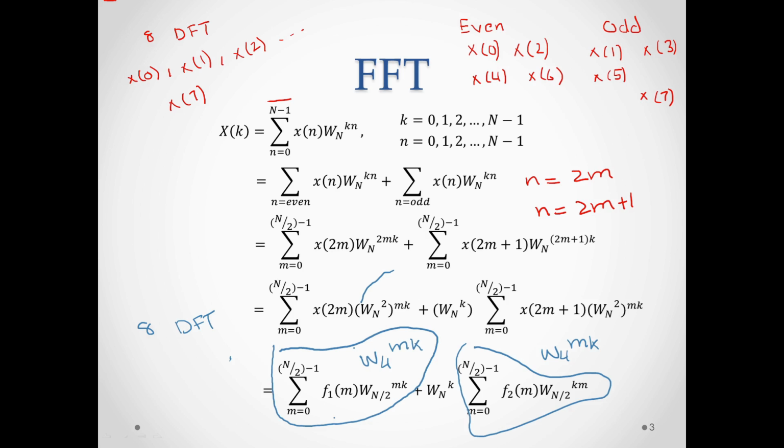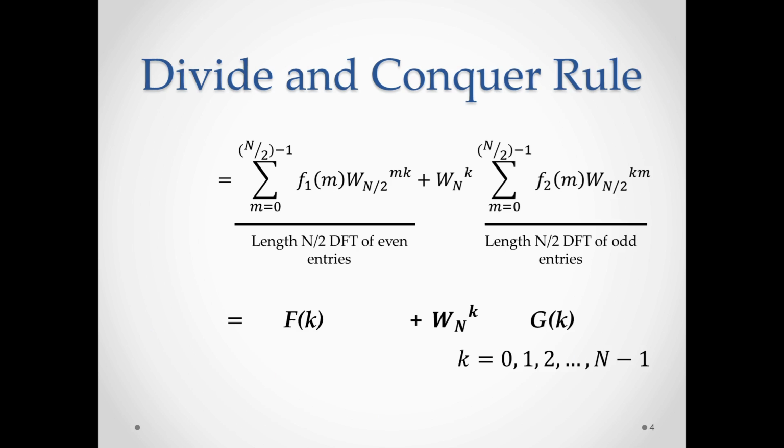So what we did is the divide and conquer rule. The series that was of 8 terms, we divided it into two 4-term series and simplified our series.